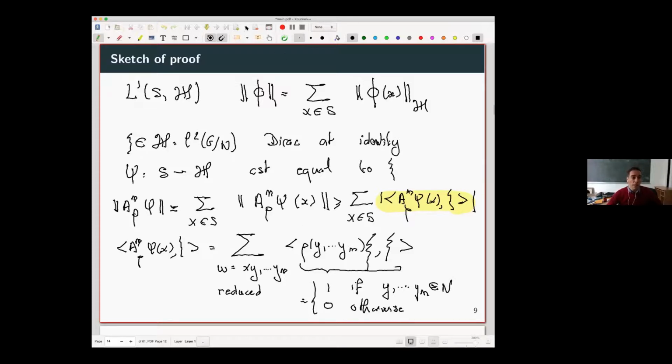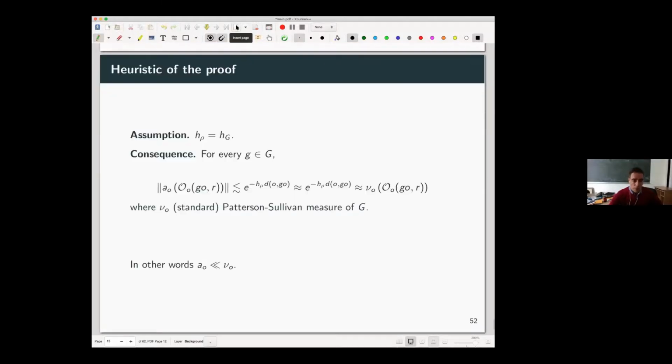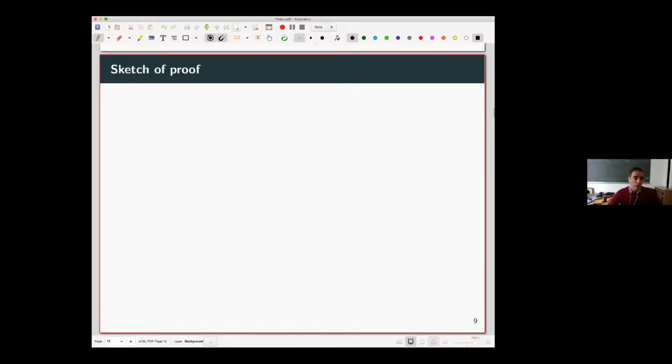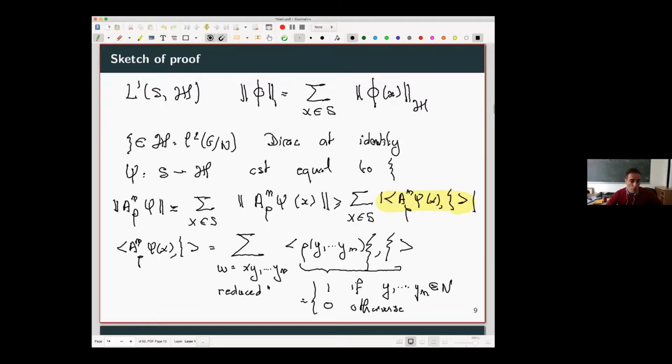So what does it mean? It means that if you look at this scalar product we just computed, maybe I should go back to here. I have a sum over all reduced words, which is 0 as soon as this is not in N, and 1 otherwise.